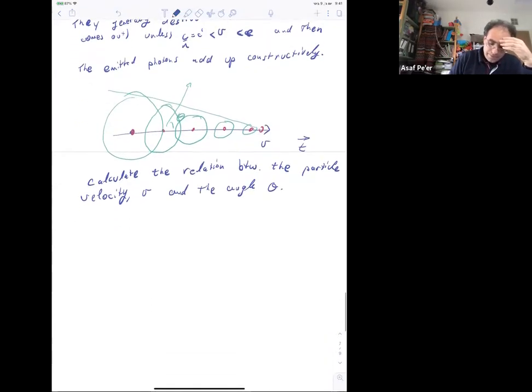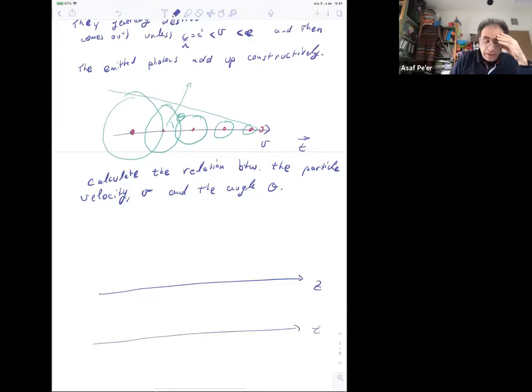Right. So again, let's assume that the particle moves in the z direction. Let's call this z. And also this is time, right? Time flies by in this direction.